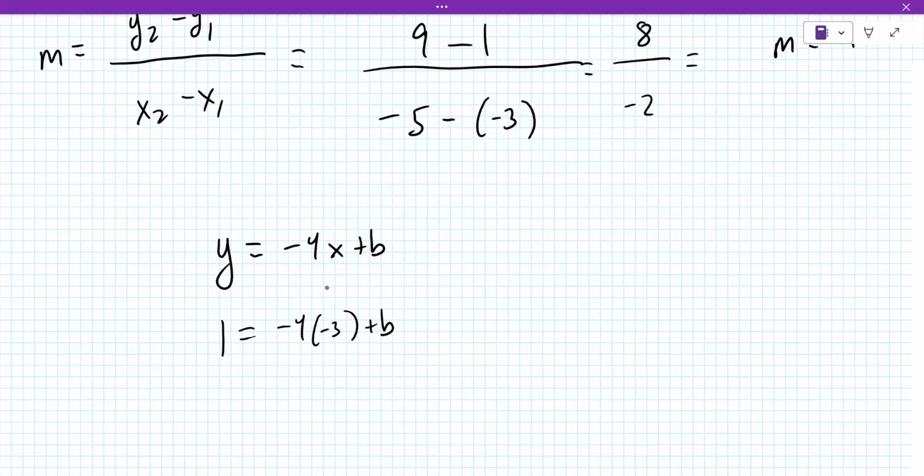Yes, you're subtracting 12 from both sides, so b equals -11. That goes right in there.